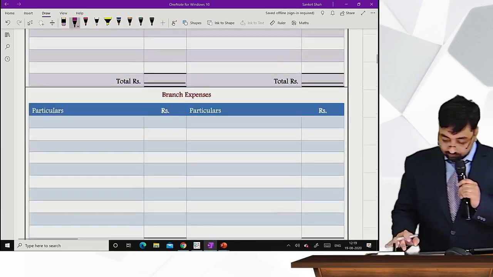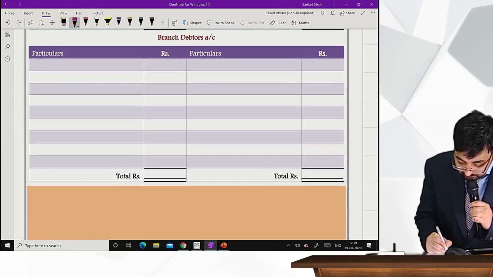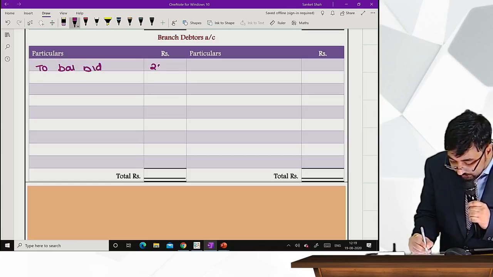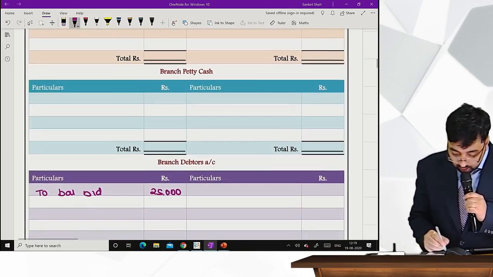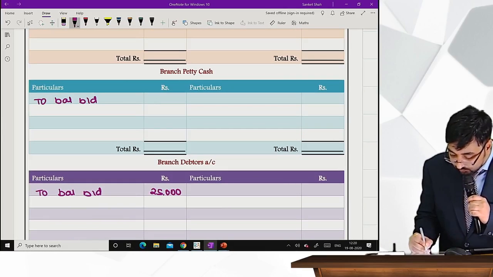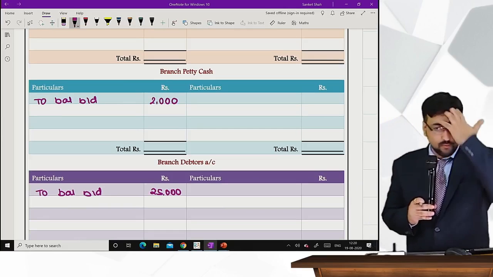Next one, debtors account. What is the opening balance? To balance brought down, 25,000. And next one is the petty cash account. To balance brought down, this is 2,000. Correct? Very simple.